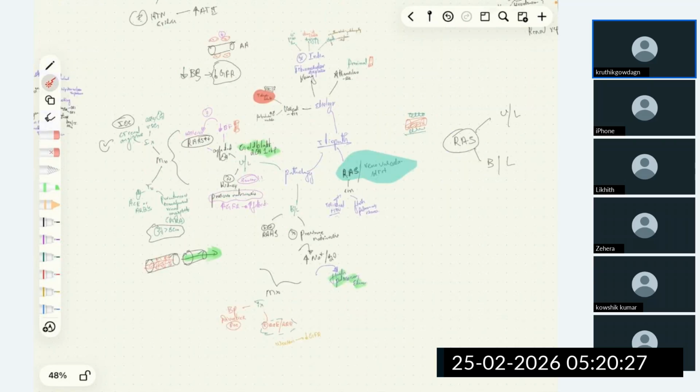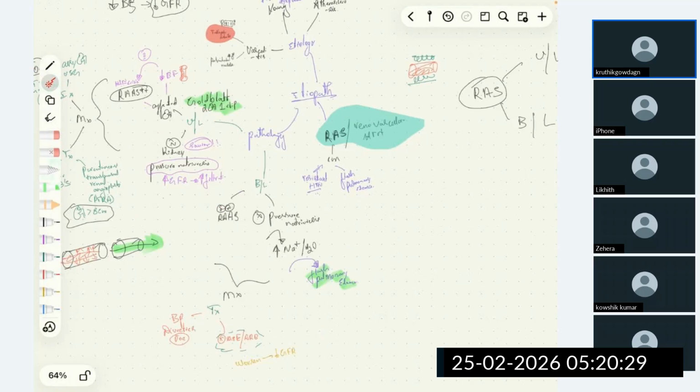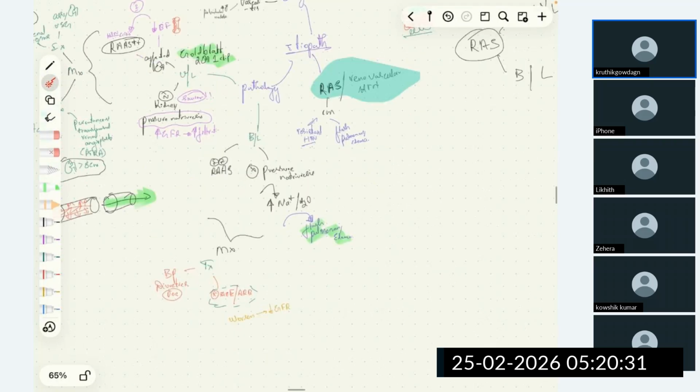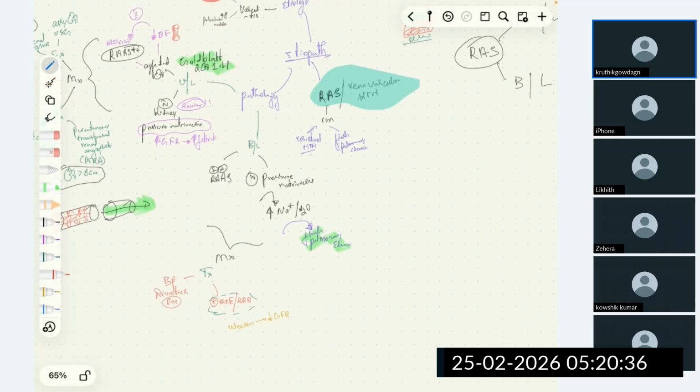Let's go on for bilateral renal artery stenosis. In bilateral renal artery stenosis, the name implies that both the renal arteries are stenosed. Now what to do? When both the arteries are stenosed, both sides afferent arterioles will get the signal.